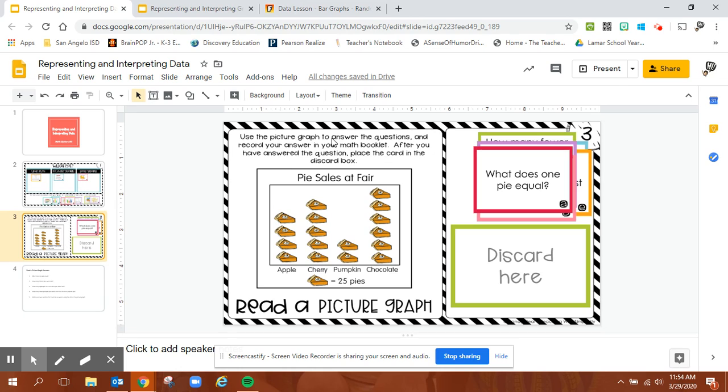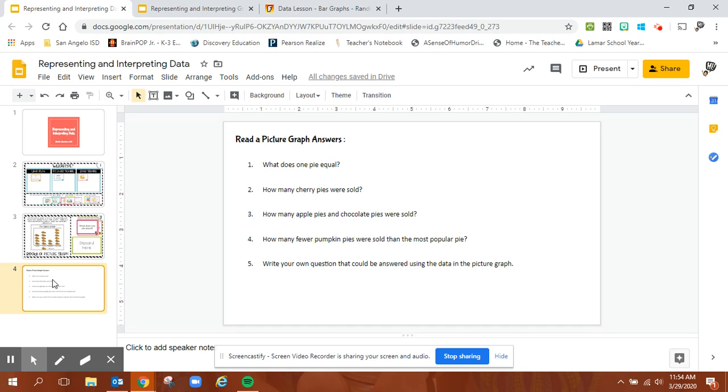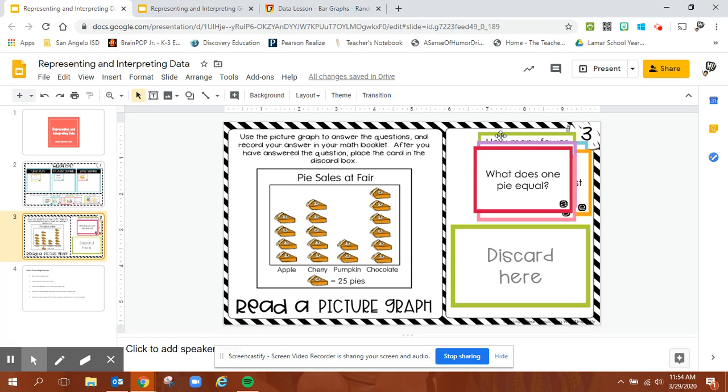Again, it says record your answers in your math booklet. You don't have to do that, okay? After you've answered the questions, you may put them over here. So what I went ahead and did is I took all of these questions and I put them on slide number 4. So you don't even have to worry about each of these up here because I've already put them for you, okay?